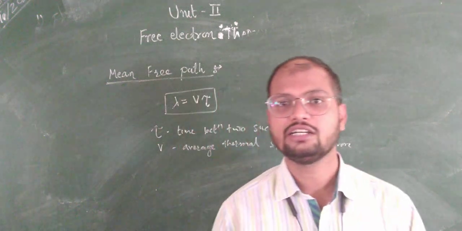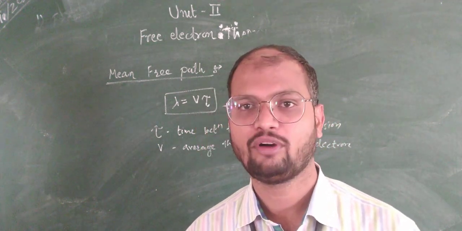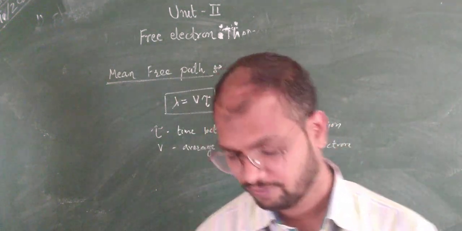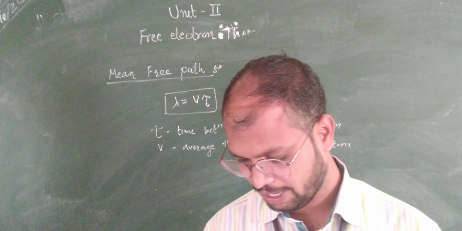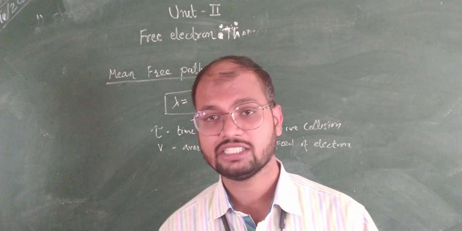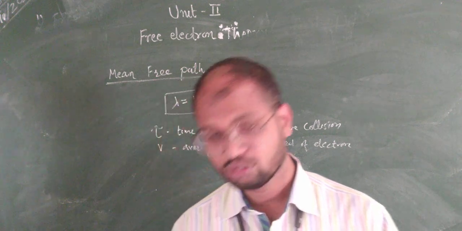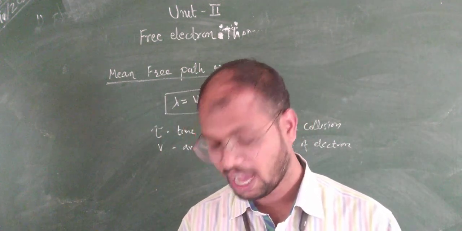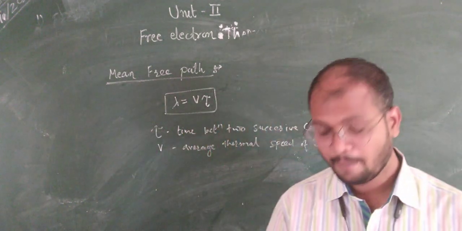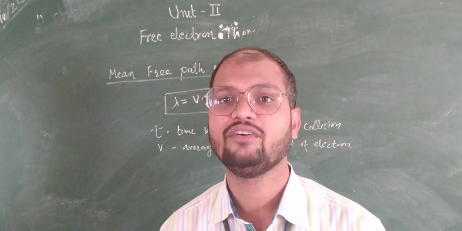So the basic assumptions of the Drude-Lorentz free electron model: the first assumption is that metals are composed of positive ions fixed in the lattice and a large number of valence electrons. These valence electrons are free to move throughout the metal, like the molecules of a perfect gas in a vessel.